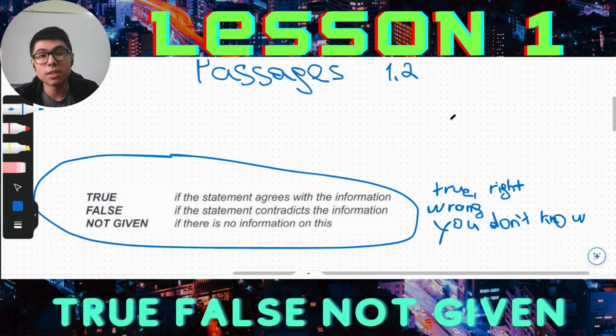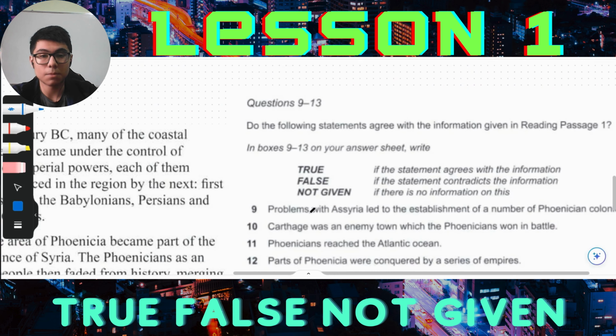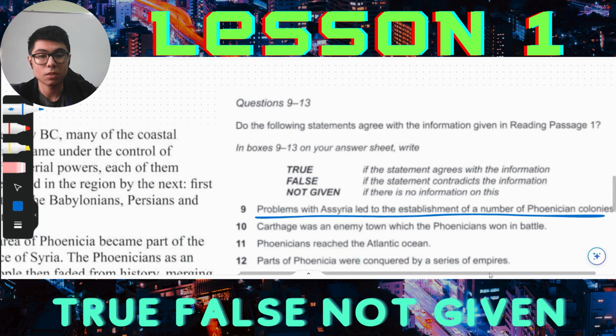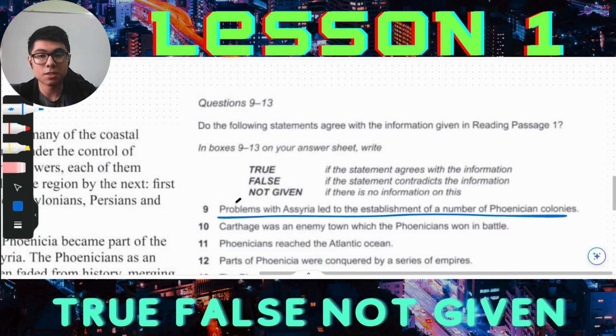Okay, so the strategy that I usually use to distinguish them is to turn this, for example, this statement into a question. The statement is problems with Assyria led to the establishment of a number of Phoenician colonies.